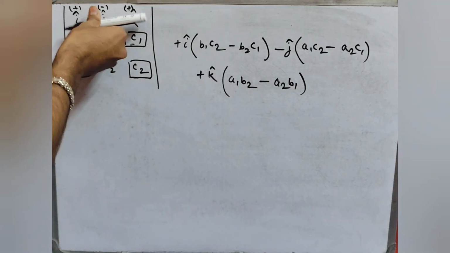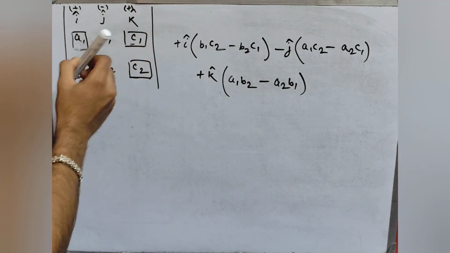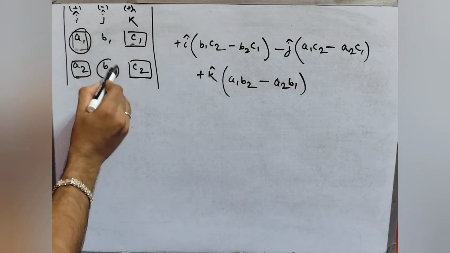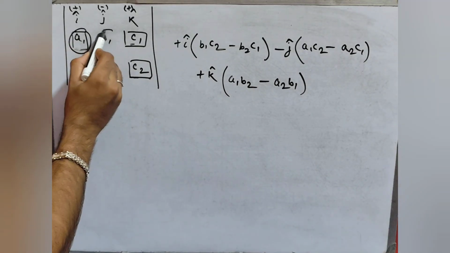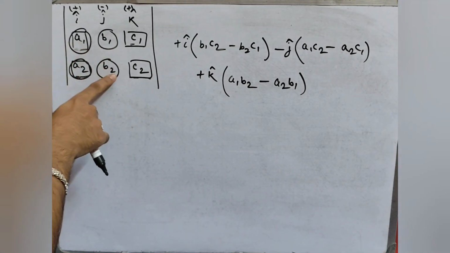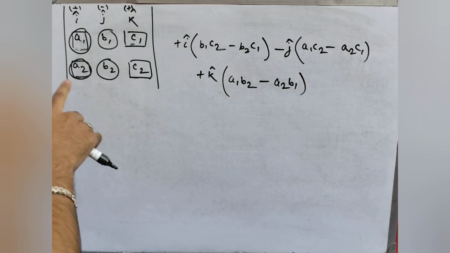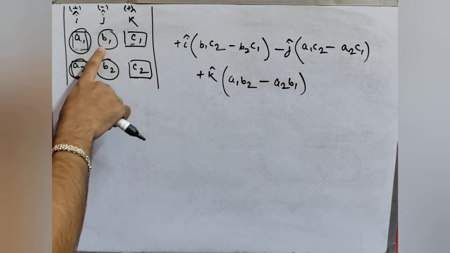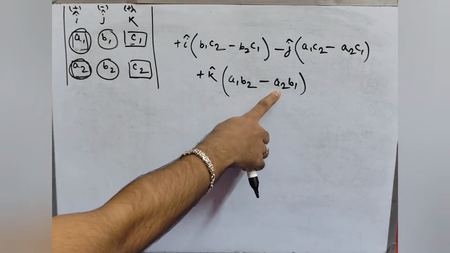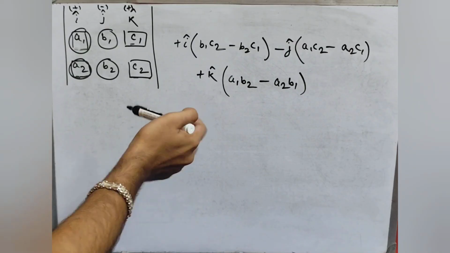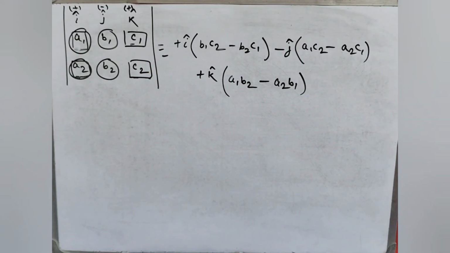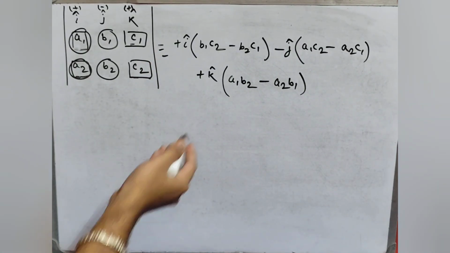So A1 B2 minus A2 B1. This is how we have opened this determinant. It will be in such a way.